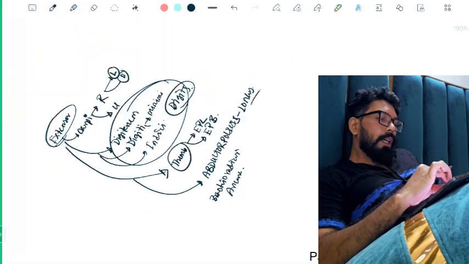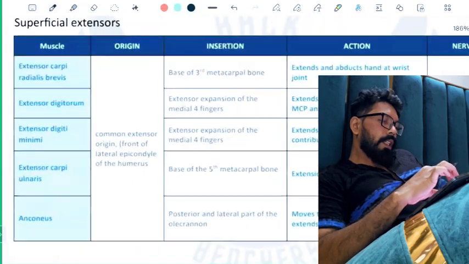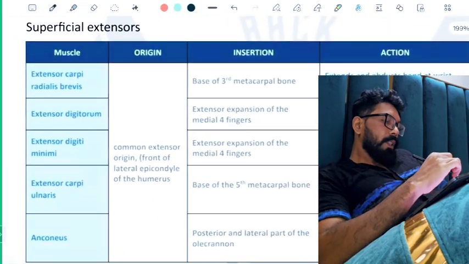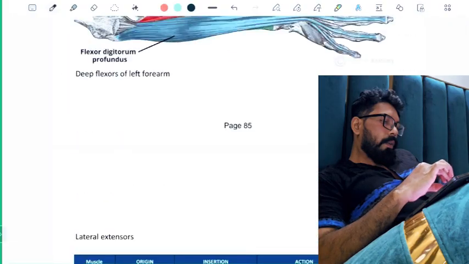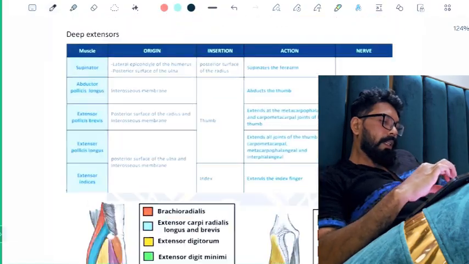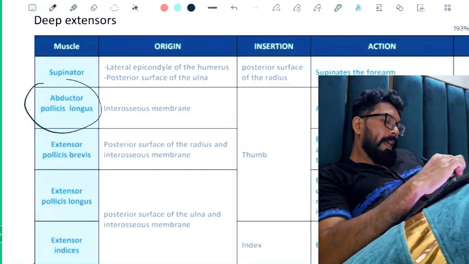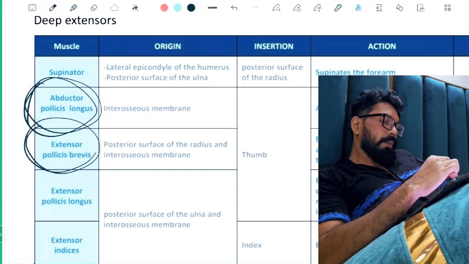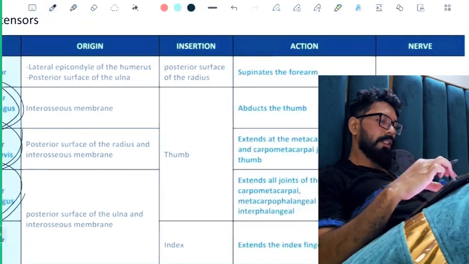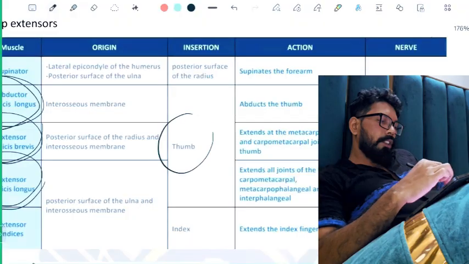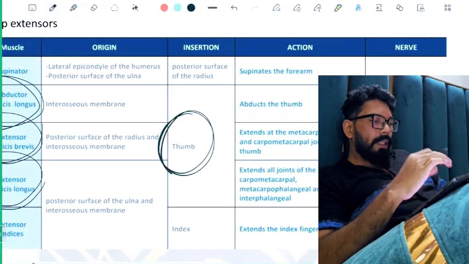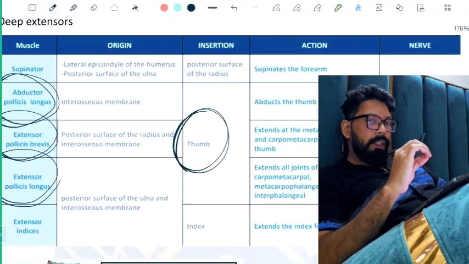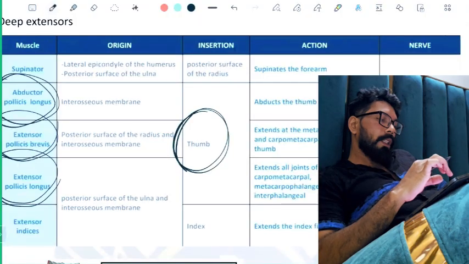Now, what do you need from this chart? From here, you need to know abductor pollicis longus, extensor pollicis brevis, extensor pollicis longus. All these three insertions. Where in the thumb? I will show you during injury because we need to know.